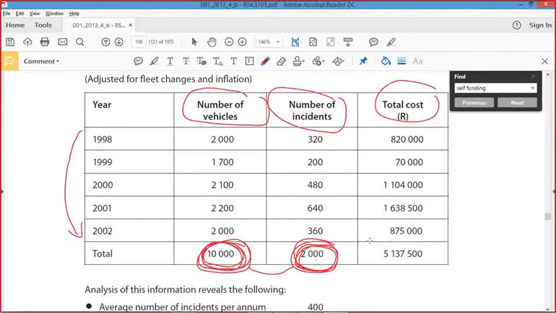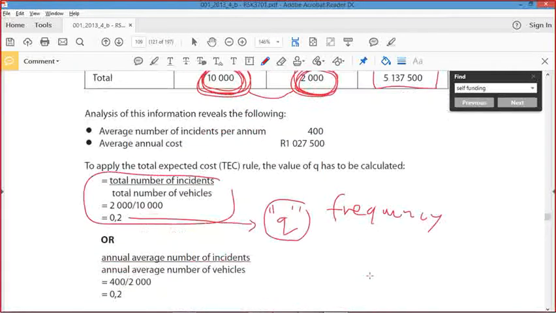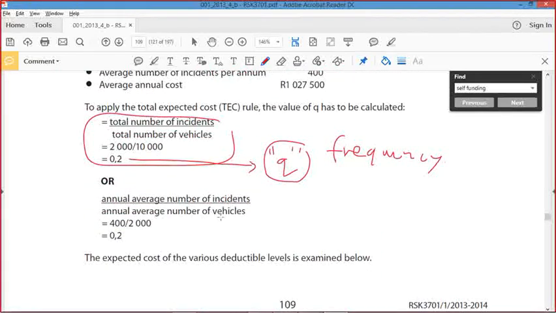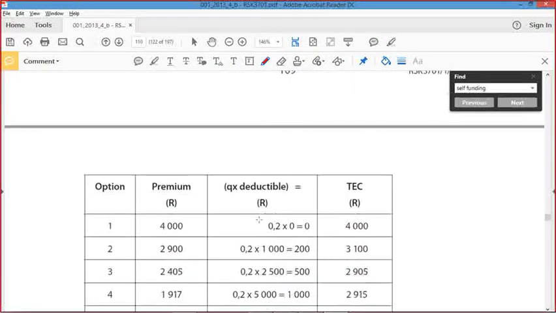That's the amount that I've spent over that period of time. So per event, for the event of being in an accident, it's 0.2. So 0.2 is the probability of being in an accident.